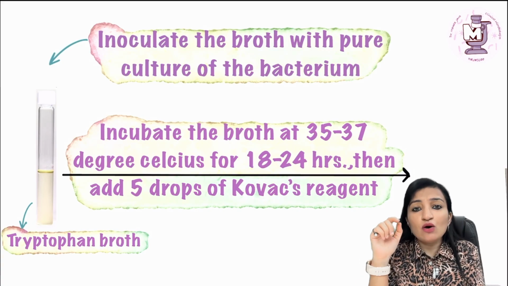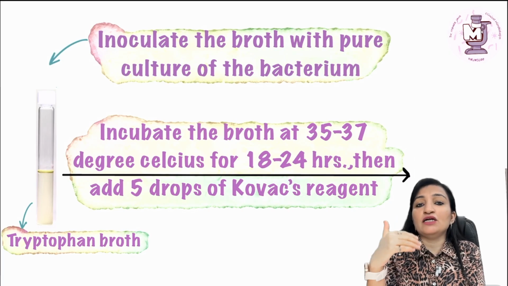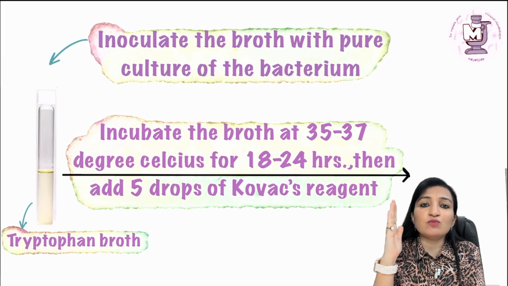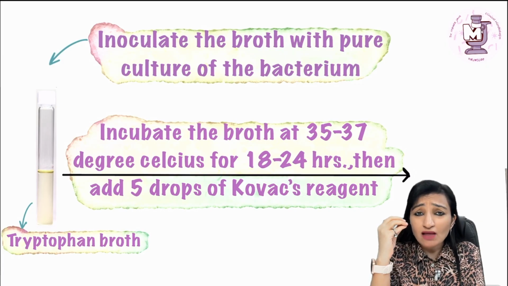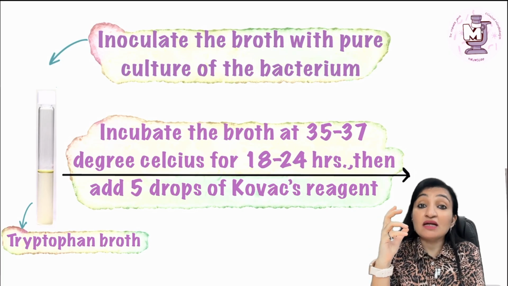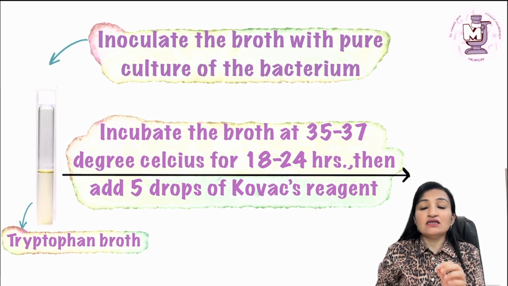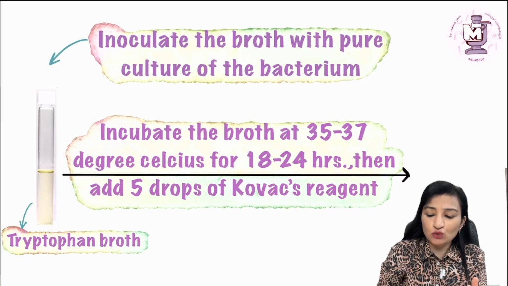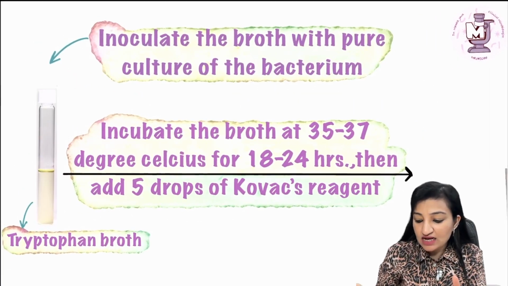Okay. Now let's say we are dealing with an indole positive bacterium. The bacterium is a producer of tryptophanase, and it went on to produce indole. But how will we know that this has happened? Now to know that, we have to add 4 to 5 drops of some reagent. We have a wonderful reagent, which is called Kovac's reagent. Okay.